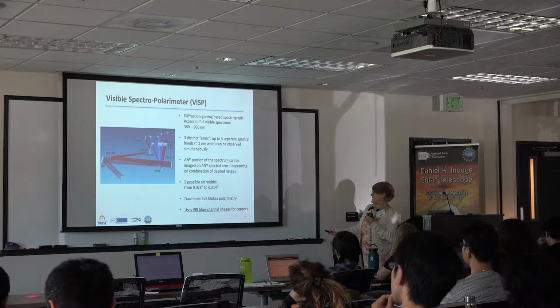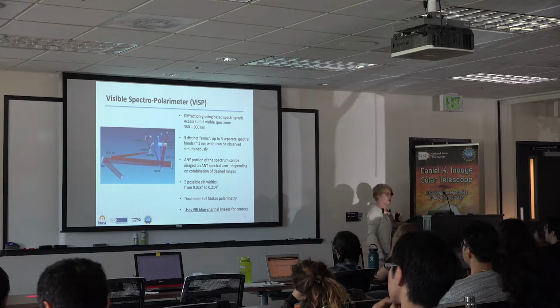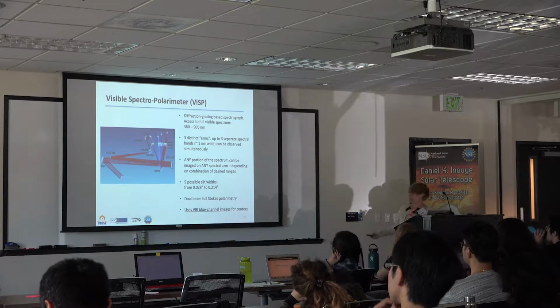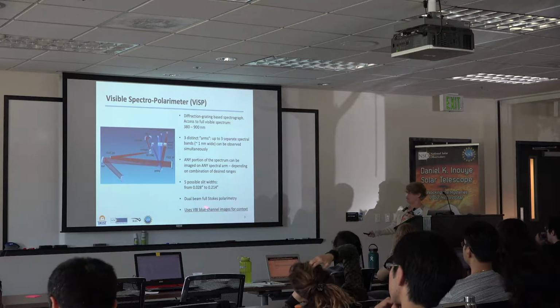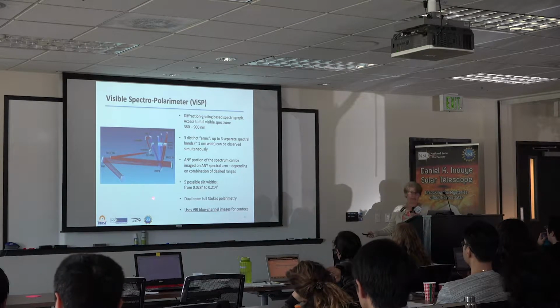And it doesn't have a slit jaw proper, and it uses the VBI blue channel for context. And there will be a lot of work to determine how this is going to be done in practice.